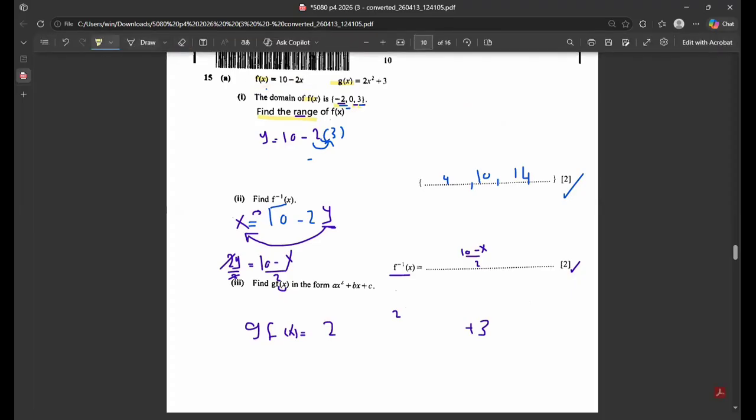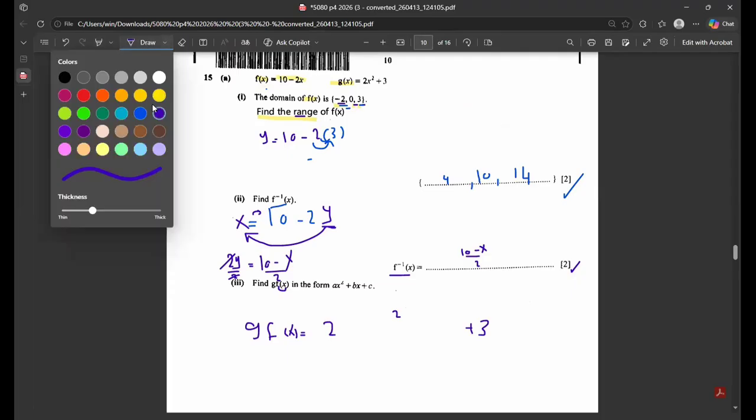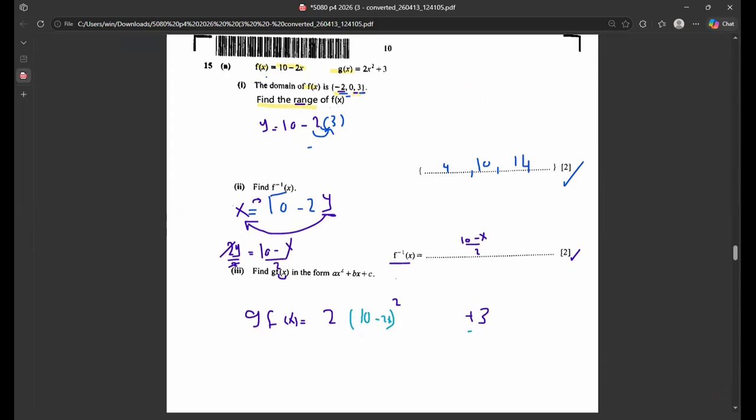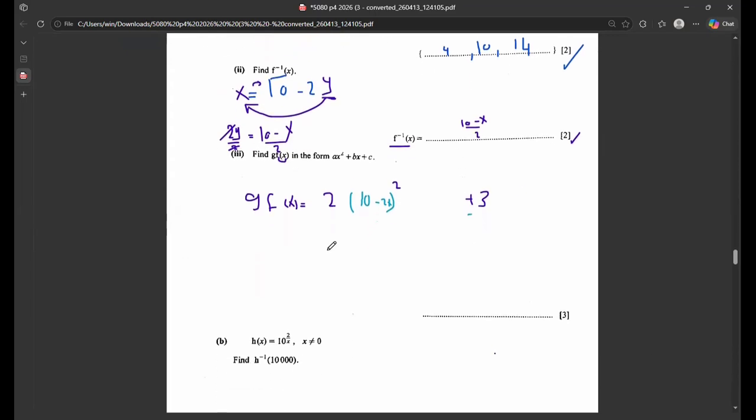So we put the 10 minus 2x inside, 10 minus 2x squared, which is multiplied by 2. Then we add 3, and we're going to solve this as a normal function.